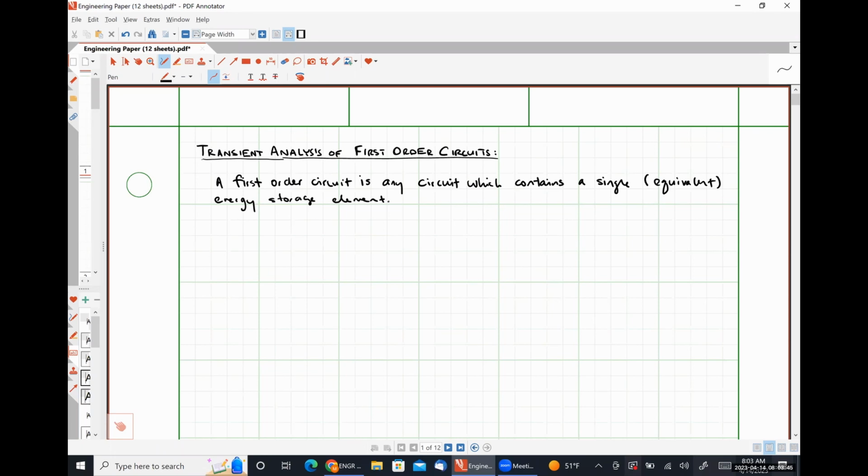So let's first start by looking at an RL circuit. So let's say that I have something like this. I have some current source IS. Here, I'm going to draw a switch. I have 2 terminals. I'm going to put a short here.